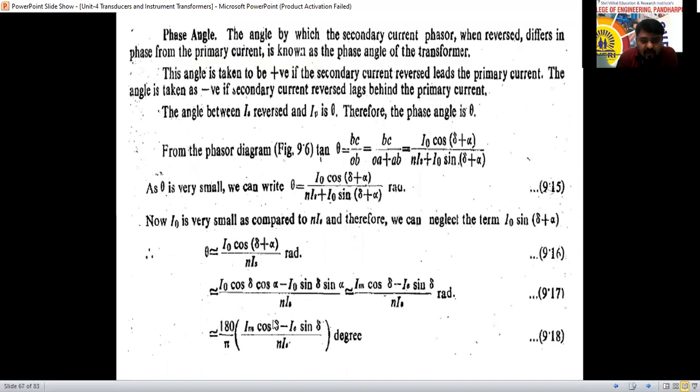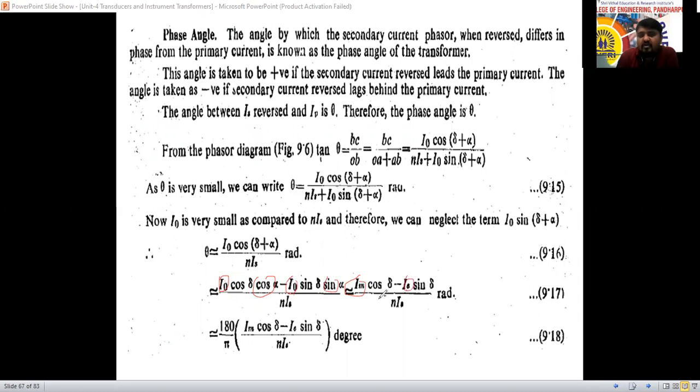So by considering Im cos delta here, this I naught cos alpha we have considered as Im. Cos delta we have kept as it is. Minus, again I naught sin alpha equal to IE we have considered from the phasor diagram, called IE.